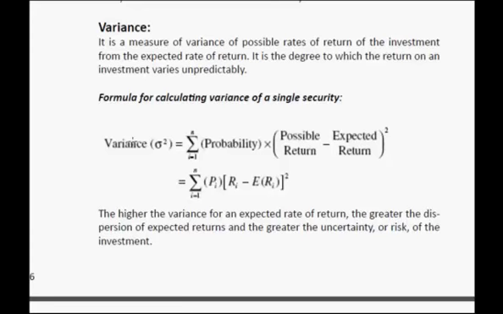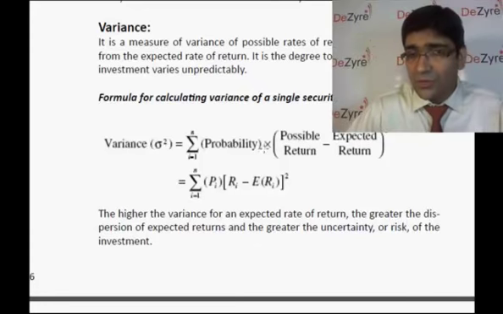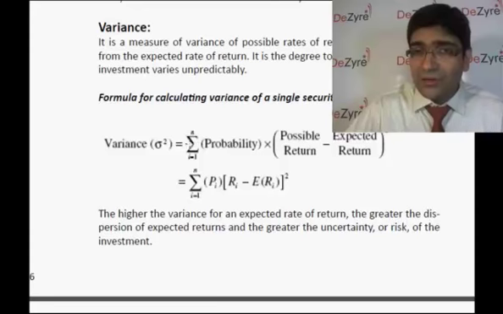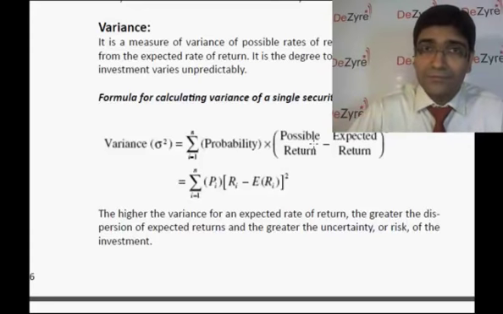This is your sigma. Variance, otherwise called sigma squared, equals summation. Summation means total of all the points. Summation of probability times possible return, that is, the possible return minus the expected return, whole squared. Looks interesting, right?